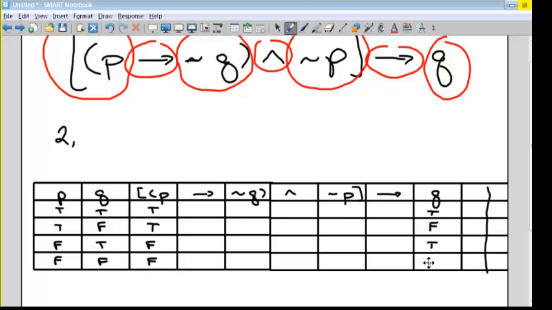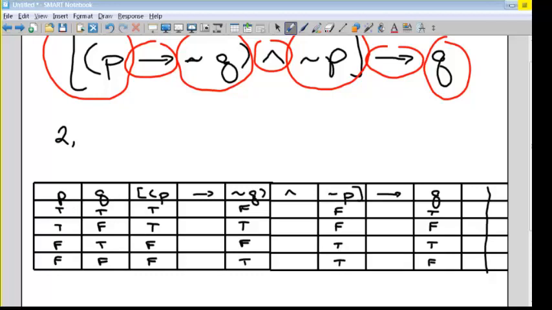You don't have to do it in this order. And then you have the negation of Q and the negation of P. So the Q column is true, false, so the negation column is false, true. And P column is true, true, false, false, and the negation is false, false, true, true.